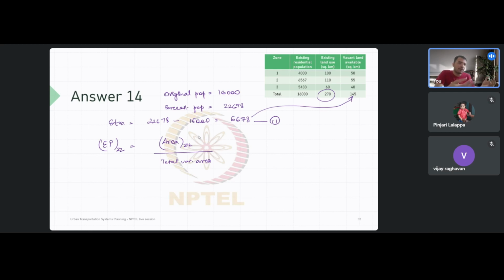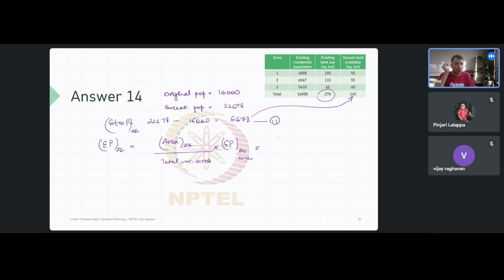So 500 people will be allocated to zone 1, 500 will be allocated to zone 2. But here we have different areas, so we have to find the ratio of zone 2 to the total area. Then we can operate this with the extra population for all zones. Let's call it EP for all zone.